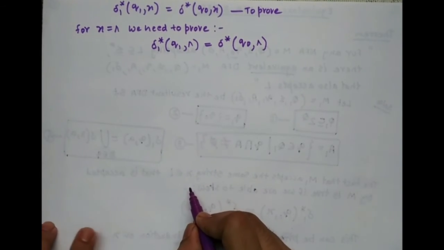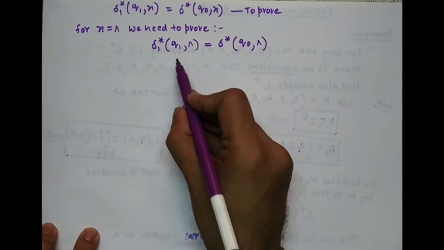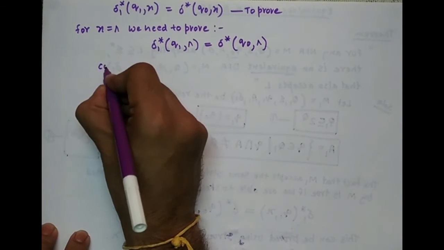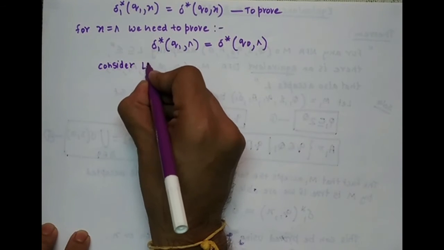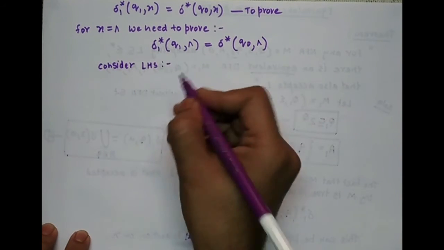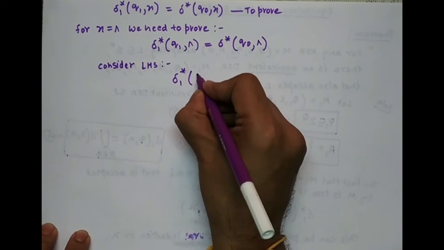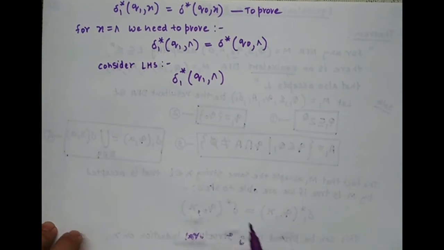I have just substituted X with its minimum value, that is null. So we have to prove this initial result. So consider the left hand side, that is, consider del 1 star of Q1 on null.